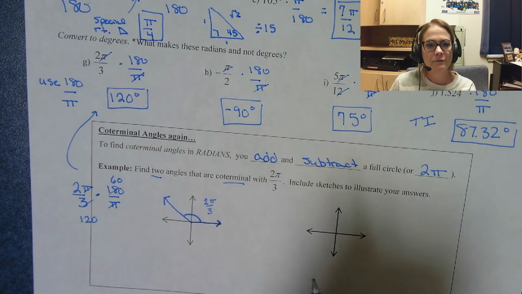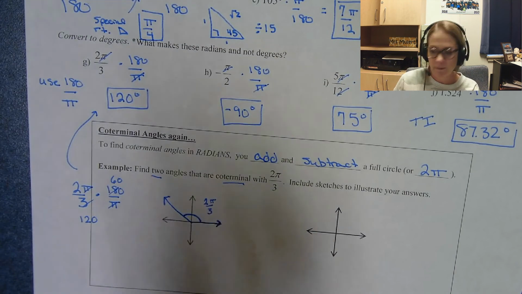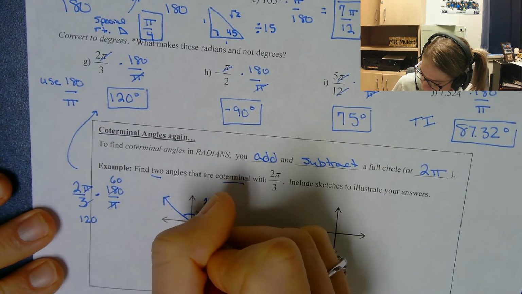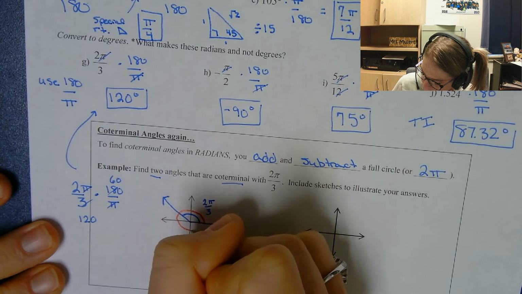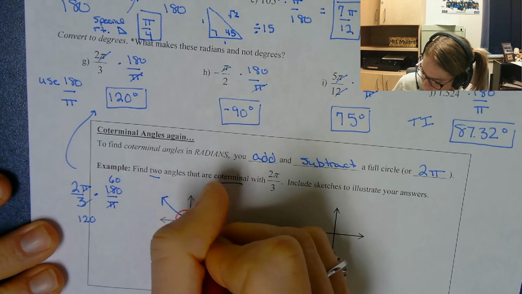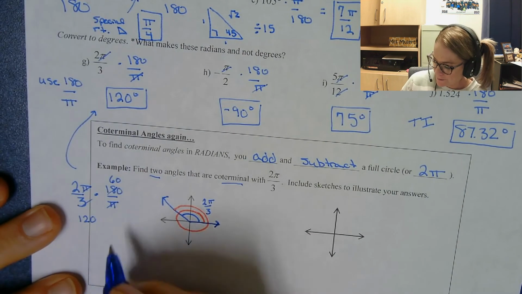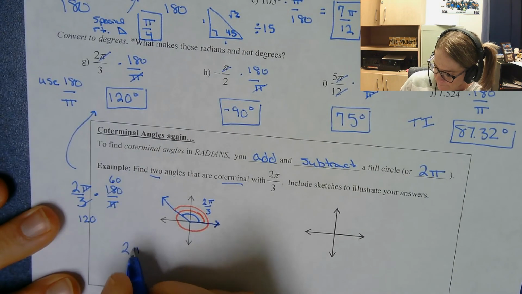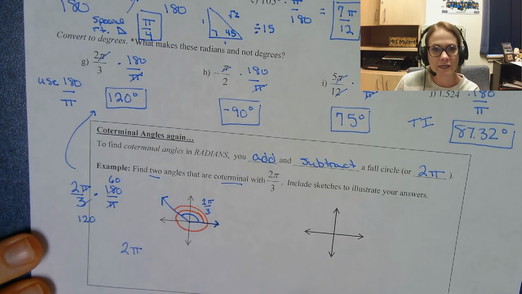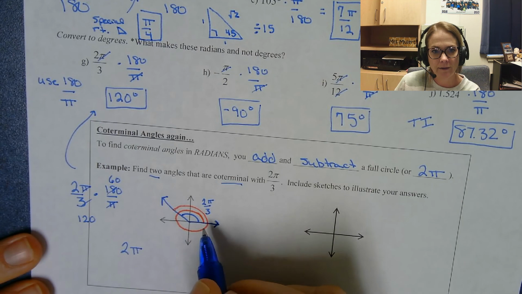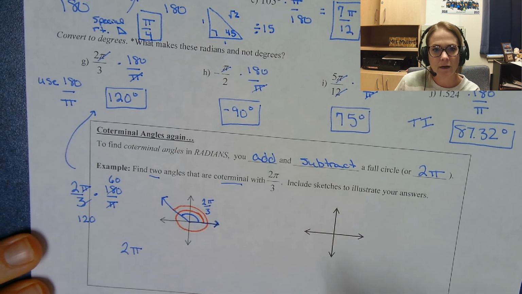All right, so find two angles that are coterminal with it. Well, we could just start in standard position and then loop around and then just land there. So what did I do? I did 2 pi, right? I did one full rotation and then went 2 pi over 3 more.